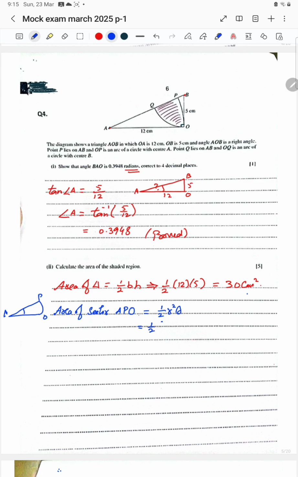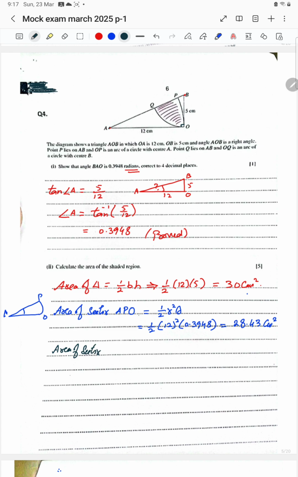So 1 by 2, r is what? r here is 12 square, and theta we have calculated in the first part, 0.3948. We get on the calculator 28.43 centimeter square.